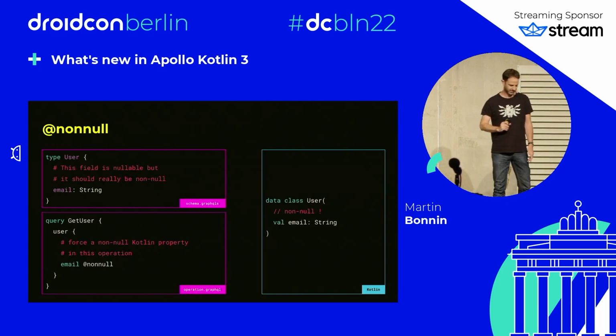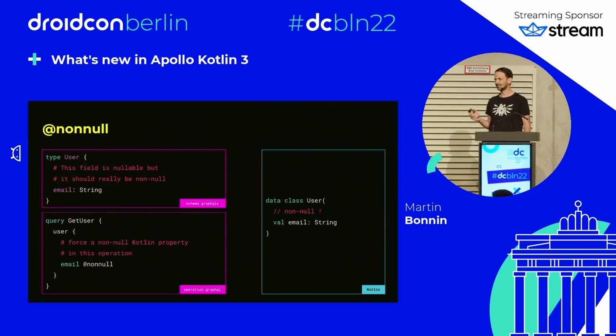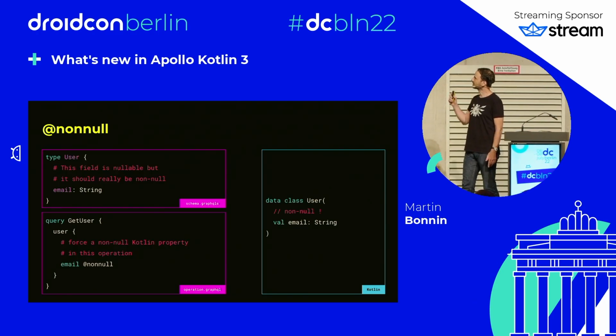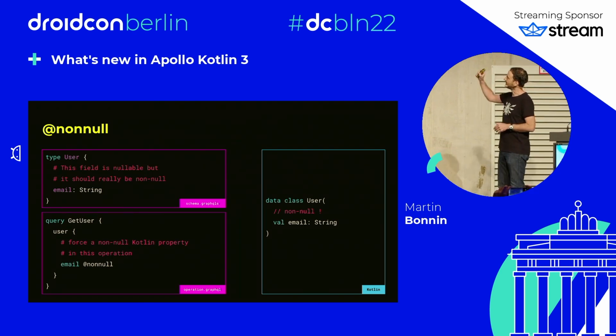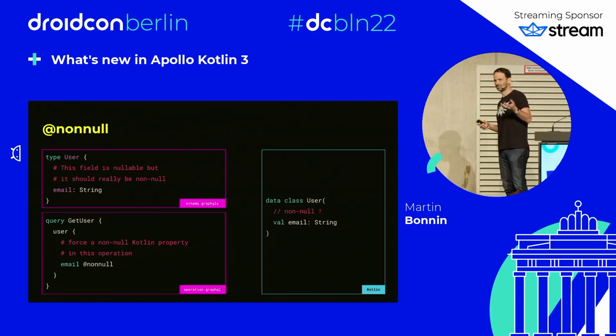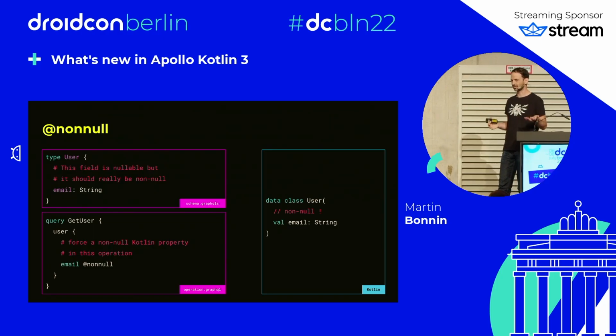How does that work? It allows you to turn any nullable GraphQL field into a non-null GraphQL property. So if your schema defines the users with an email, and there's no exclamation point, you can use the @nonnull directive in your operation and make sure this is handled during parsing and you don't have to handle this yourself.